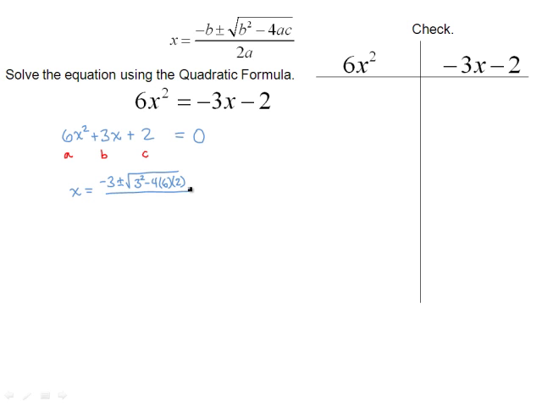All of this over 2 times a, 2 times 6. This would result in negative 3 plus or minus the square root of 9 minus, let's see, 48, all over 12.